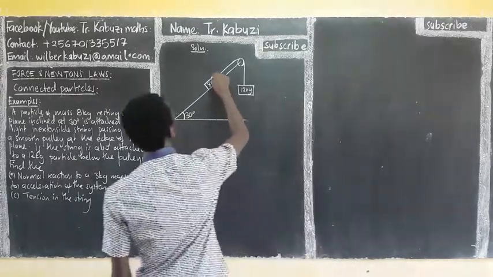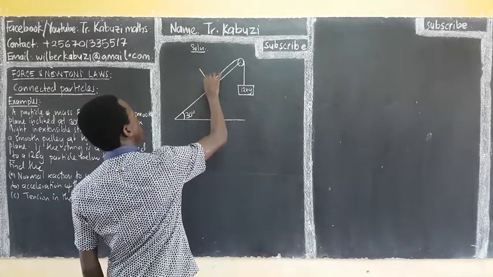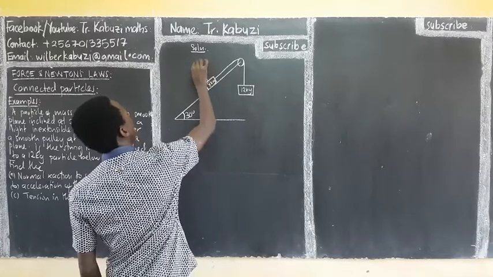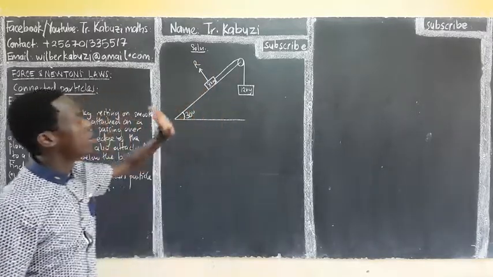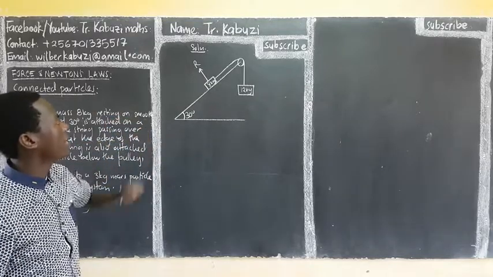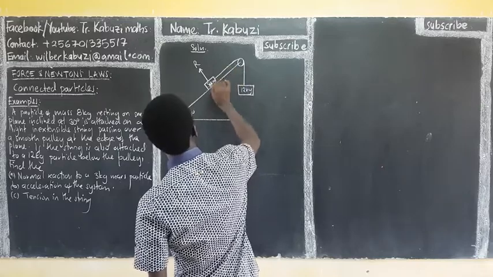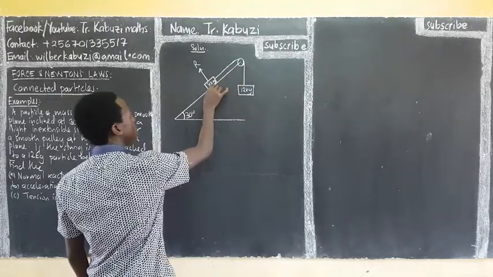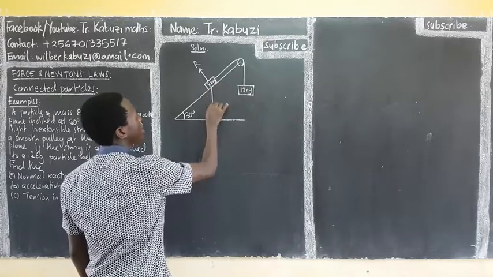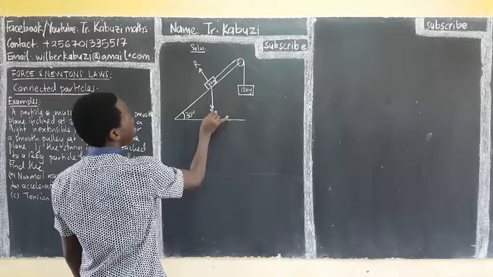Okay, so whenever we have a body, we are going to be having a reaction. So this is going to be our reaction. Because the plane is smooth, we don't expect anything like friction. So we are going to see that this body is going to have a weight acting on it, which is the mass times the gravity.